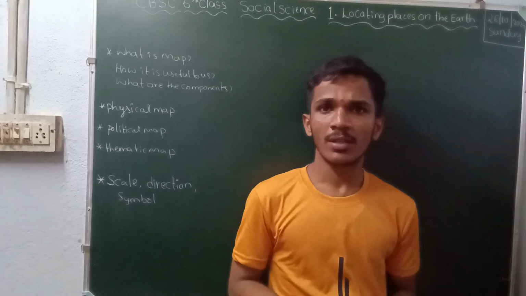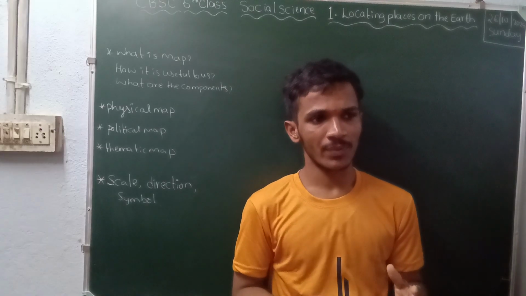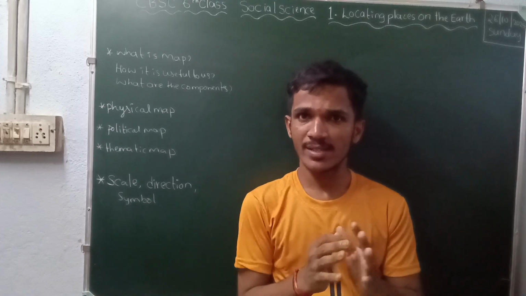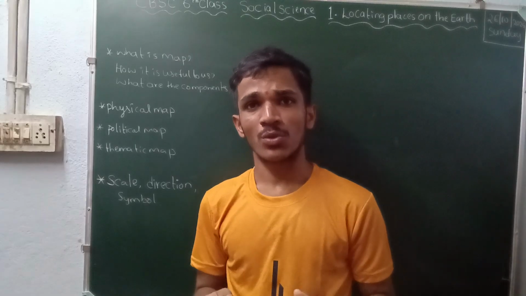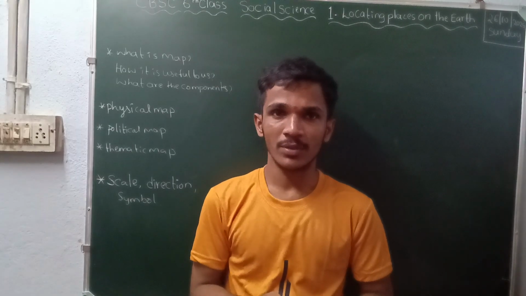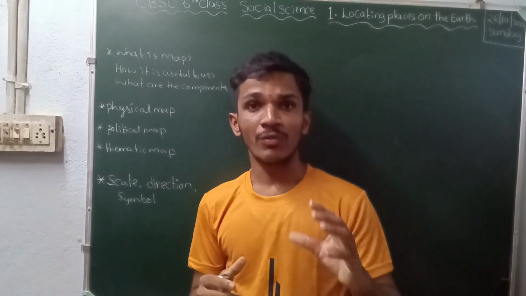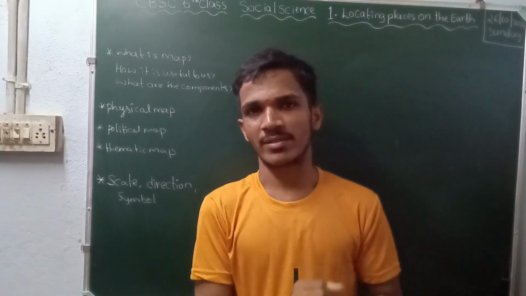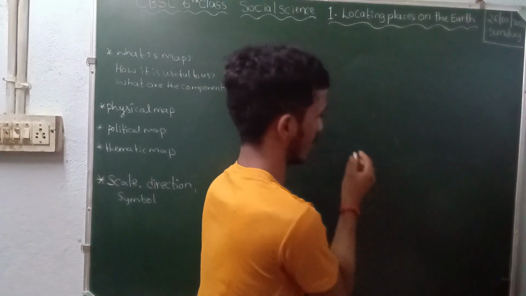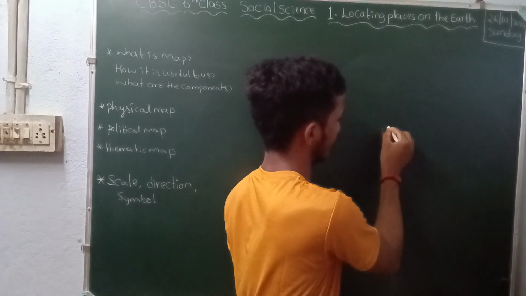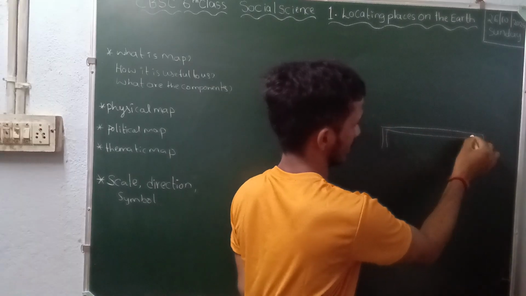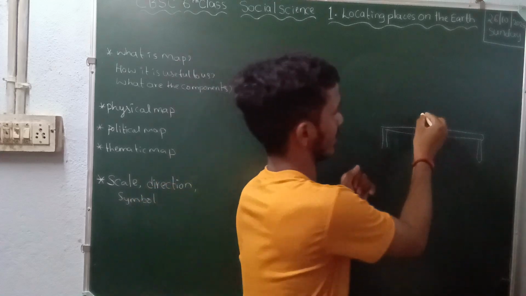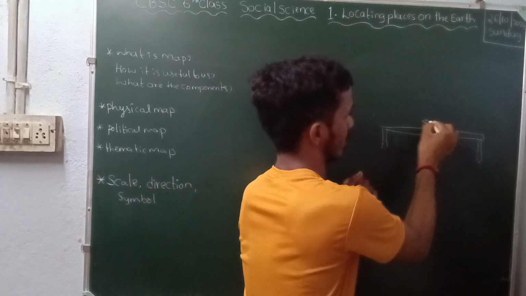Suppose our India map. It is a huge location. So while taking it on the map, we take the actual kilometers as a reduced number in centimeters. Let us suppose here is a bridge. The actual length of this bridge is 500 kilometers.